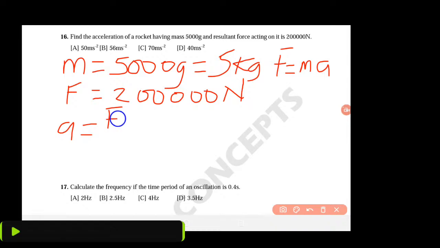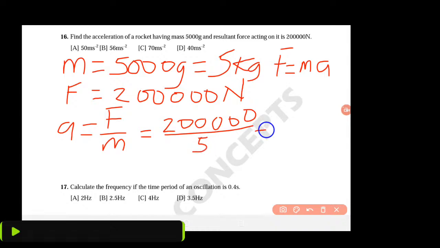That will be F over m, equal to 200,000 divided by 5, and this will give us 40,000. That is not in the options, so I believe there's a typographical error. There's no correct option. The answer is supposed to be 40,000 meters per second squared.